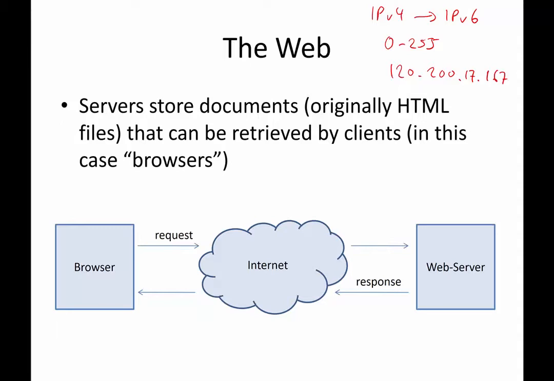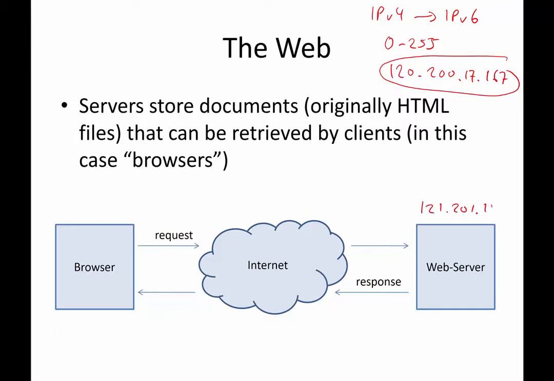So what happens? We've got our browser, and our browser will have some sort of internal IP address, and it could be this one. And the web server, we could play the same game again and come up with another address. The web server will have another number. Let's just make one up.